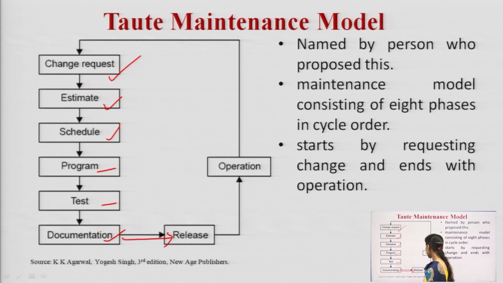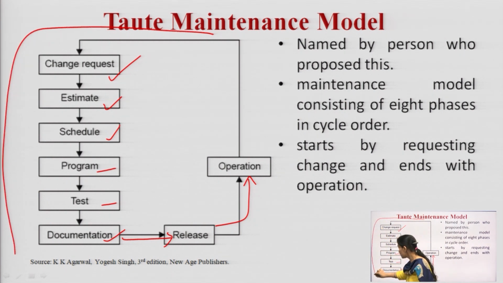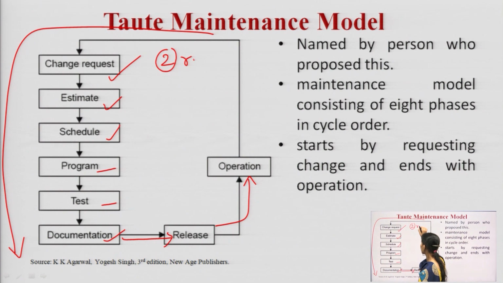Once it is released, we will see its operation. So, after operation, the 8 phases may be executed again for the second request. If there are n requests, then n number of times these 8 phases will be executed as per the change requests.